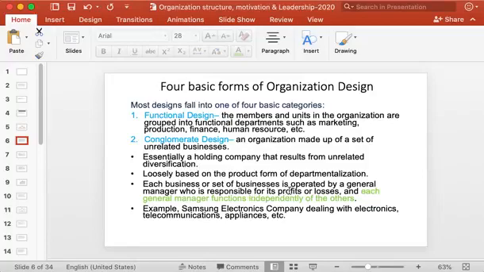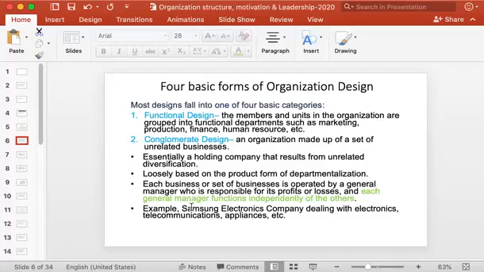So when you form an organization by breaking the whole organization into departments dealing with different products, then it gives rise to what is called conglomerate organization design.